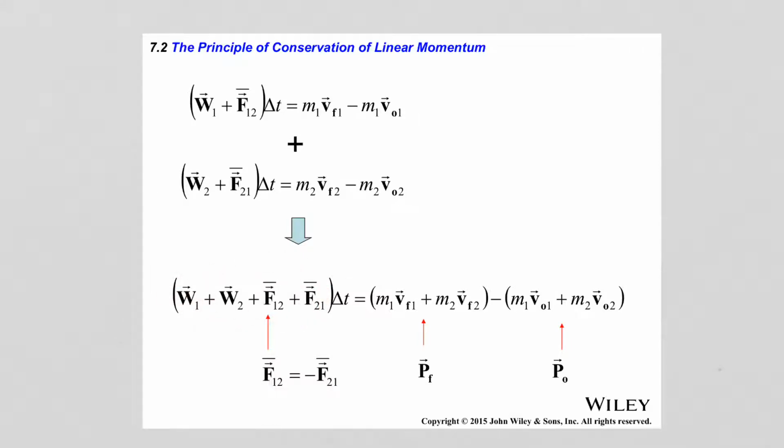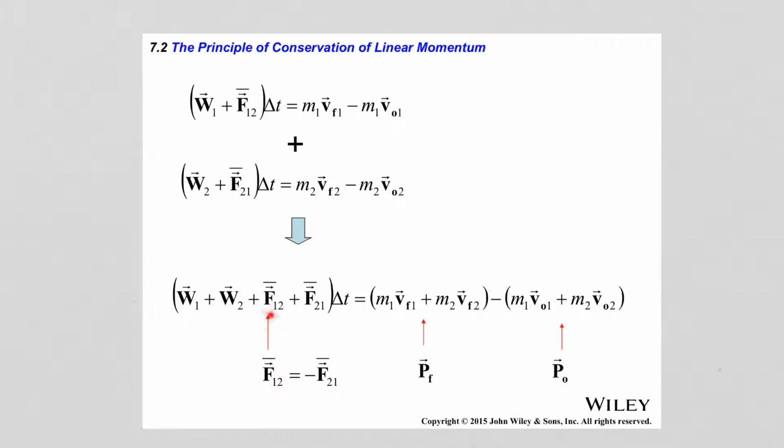Multiply this by the time interval of interaction, and then on the other side we have the final momentum of both spheres minus the initial momentum of both spheres. So that is the final momentum and the initial momentum of the entire system of particles or objects.